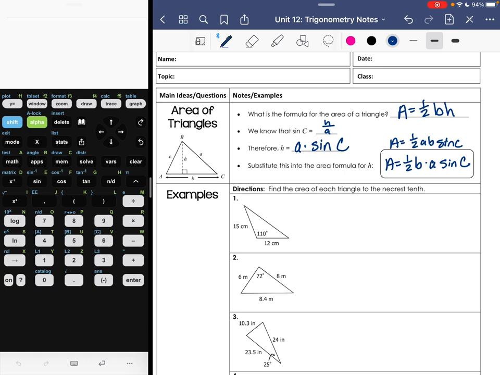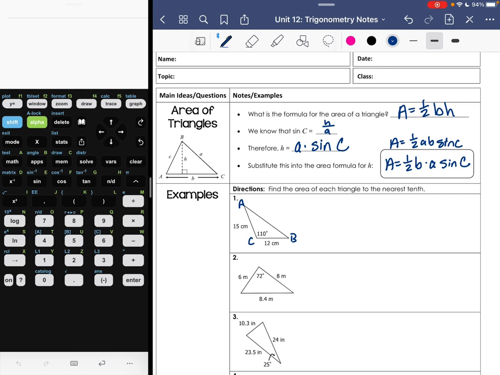Okay, so number one here is a simple one to start out with, because the base is clearly 12. So that does make your life easier. So we have that this is going to be C, and then we've got A and B, like so.